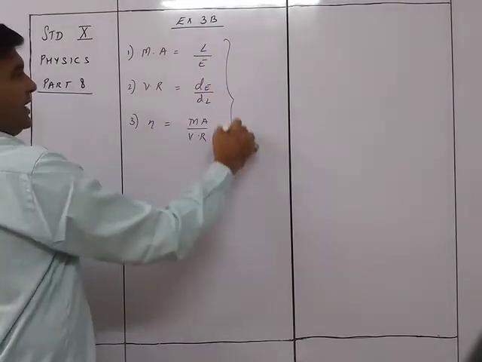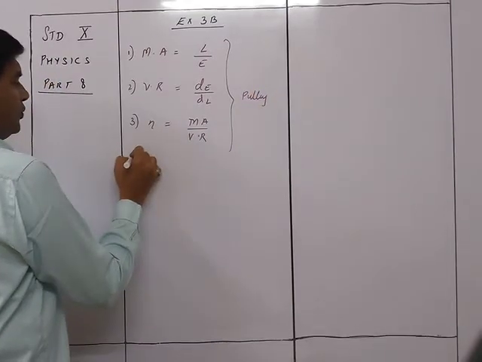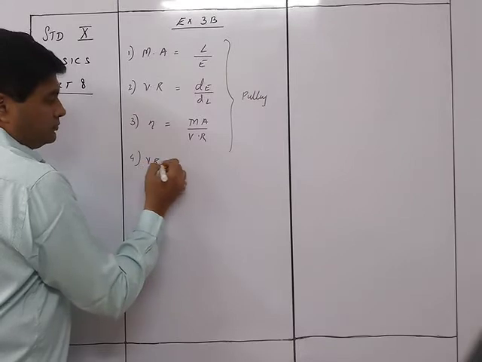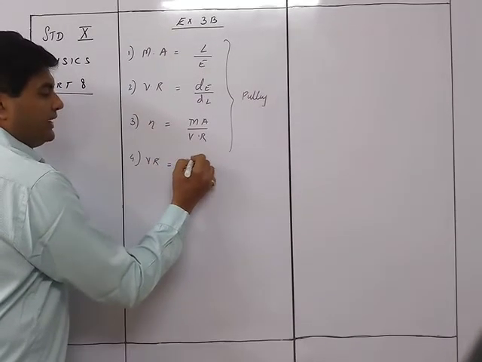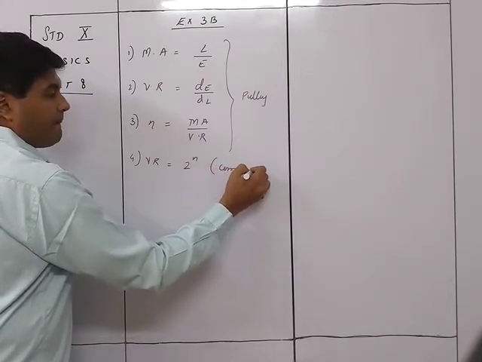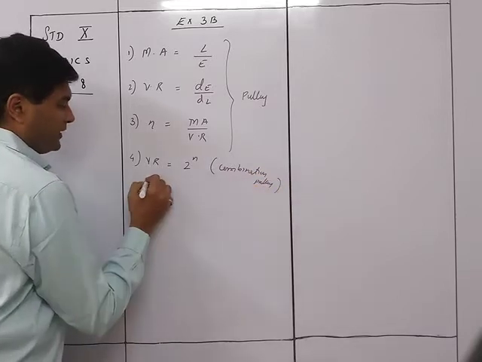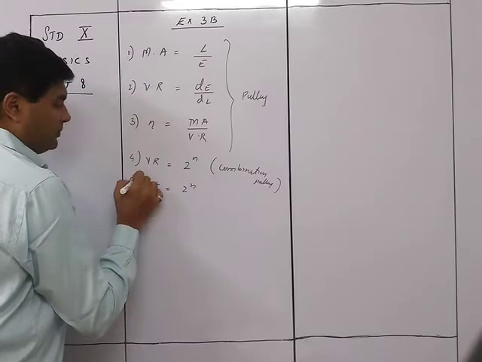So these things are for a normal pulley, whereas the fourth one will be VR is equal to 2 raised to n. This is for a combination pulley. Of course, MA is also 2 raised to n, which is also for a combination pulley.